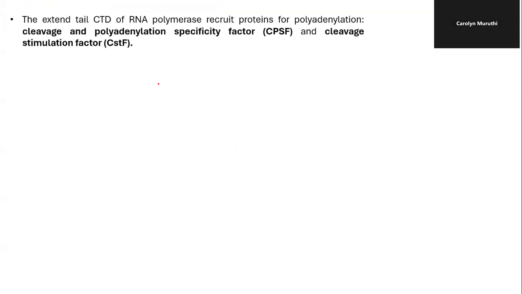And so this is what happens. Remember the extended tail of the CTD of RNA polymerase II? It will recruit proteins for polyadenylation. These 2 proteins are the cleavage and polyadenylation specificity factor, that is CPSF, and cleavage stimulation factor.